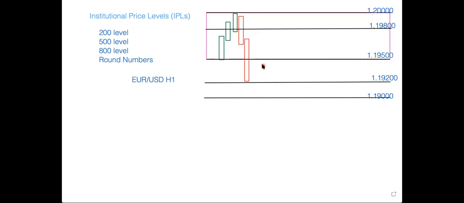You can see this push down stopping exactly at the next IPL, which is 119,200. When we go through the examples, I will show you different examples proving that this sort of price action happens multiple times. So it is something you can count on for finding the right setup and taking the trade.